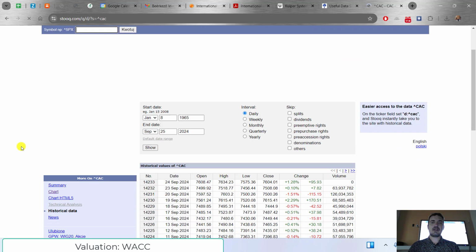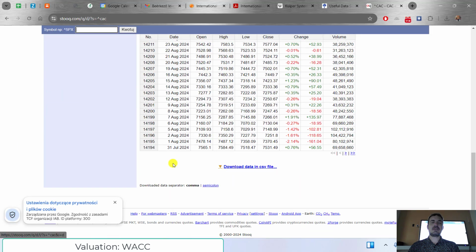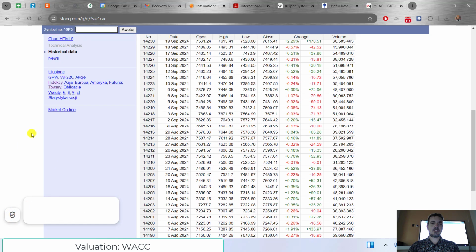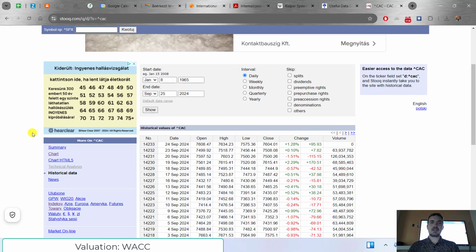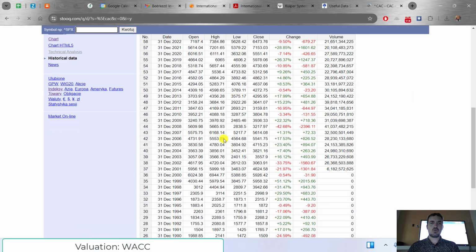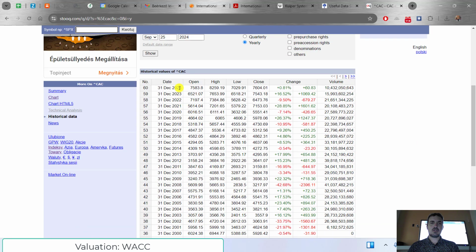Okay, historical data, and you can download the data in CSV file, so it's really nice. Right now we should look for annual data. Okay, this is from December, end of year, but it doesn't matter.